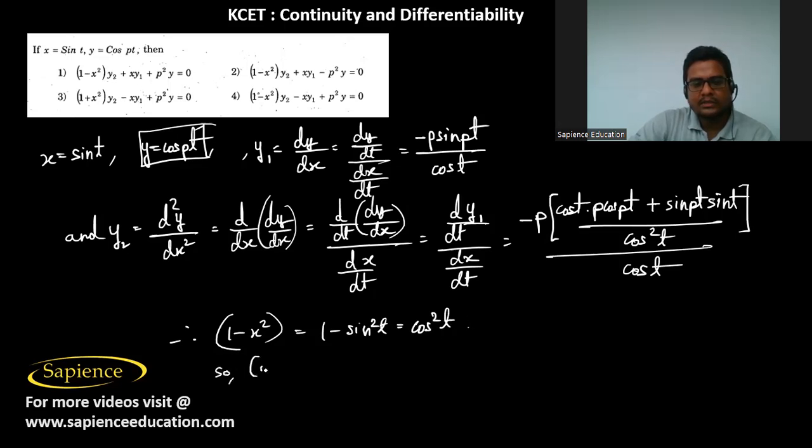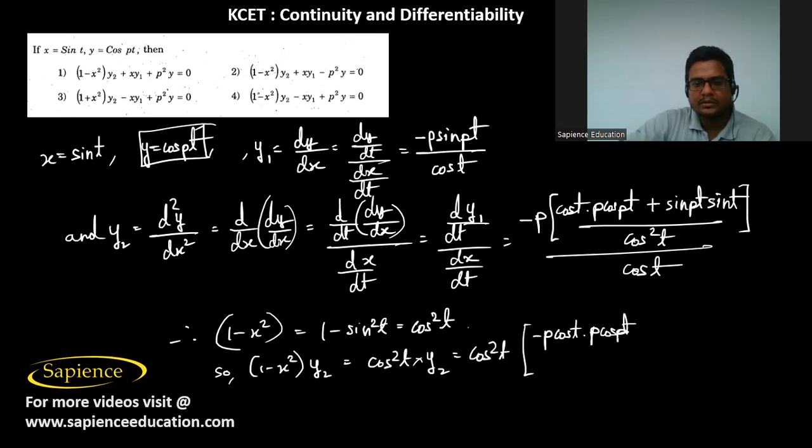So therefore 1 minus x square into y2 will be equal to cos square t into y2, which is minus p cos t into p cos pt, then minus p sin pt into sin t divided by, this is cos square t by cos t, so this is cos cube t.